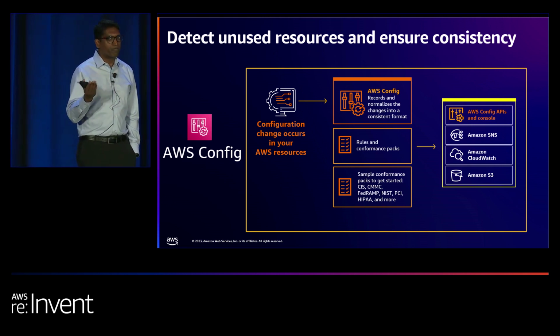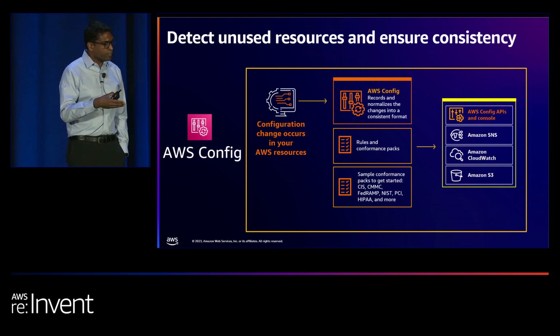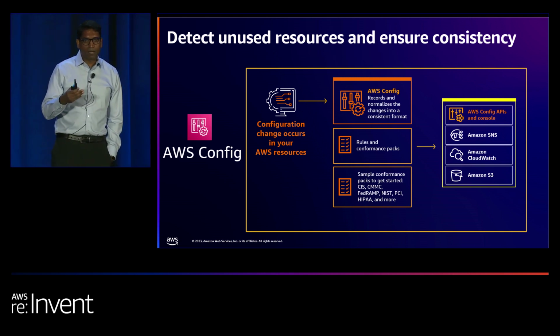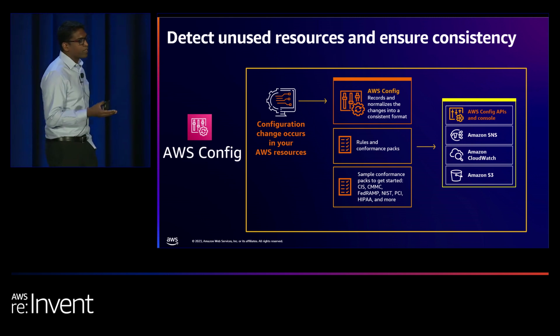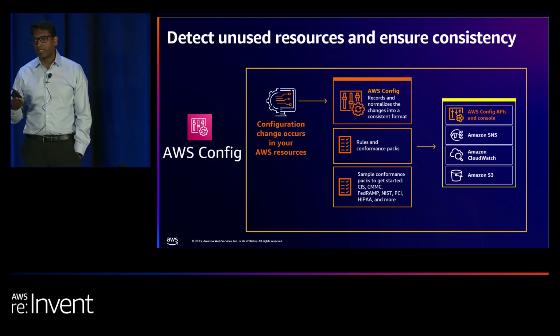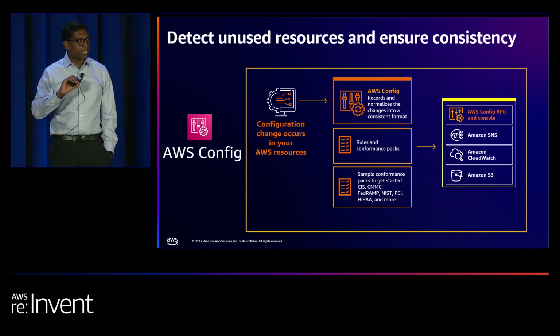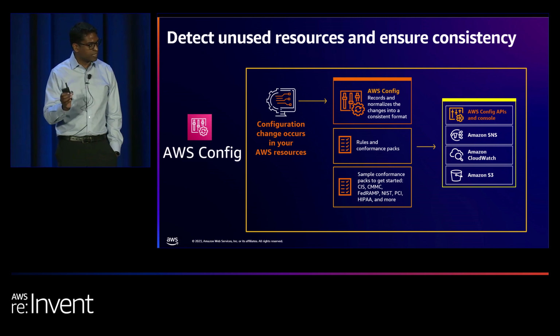So let me give you a few examples. Customers use it to identify unused EBS volumes and elastic IP addresses, and sometimes you can use AWS Config to take it even further, where as soon as an EC2 instance is terminated, you can implement AWS Config so that it can modify the properties of the EBS volume and mark it for deletion.